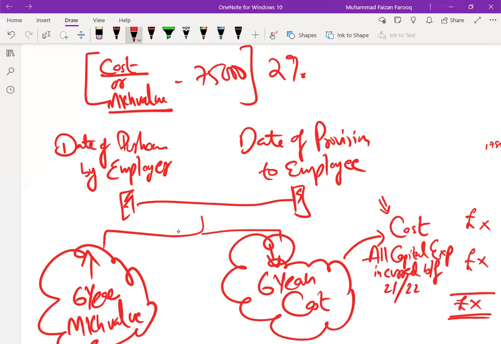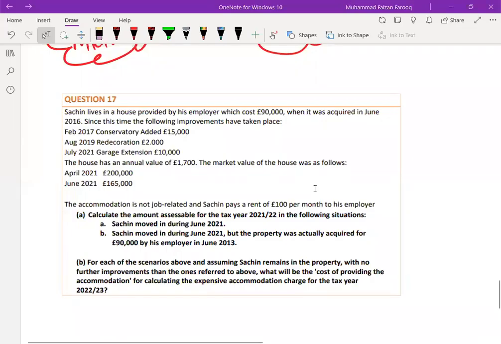If any capital expense or improvement incurred during the tax year, should we add it in the cost? No, we are going to ignore it. How to do it? We will do it with the question. Just note it down, and look at the format. We will do a question, then inshallah it will be more clear to you. I need you to read it, please.